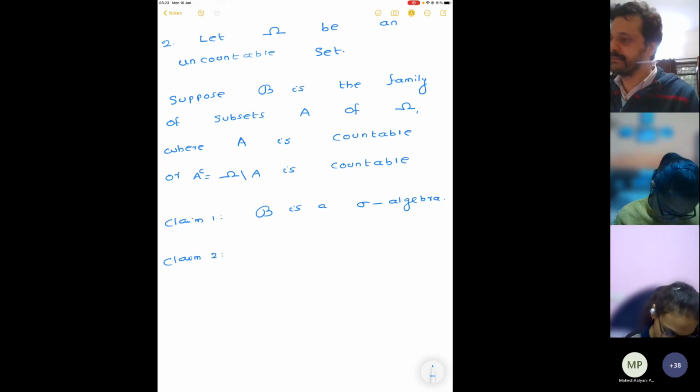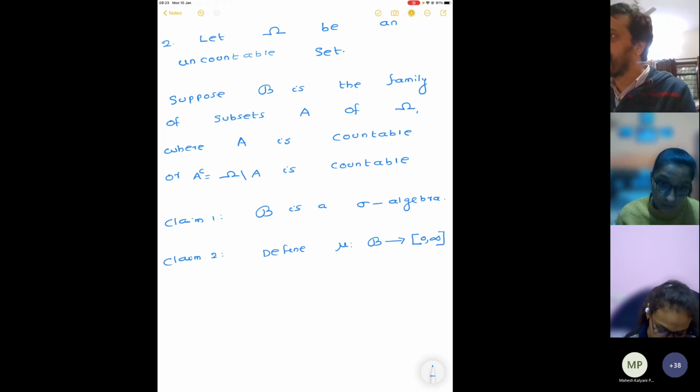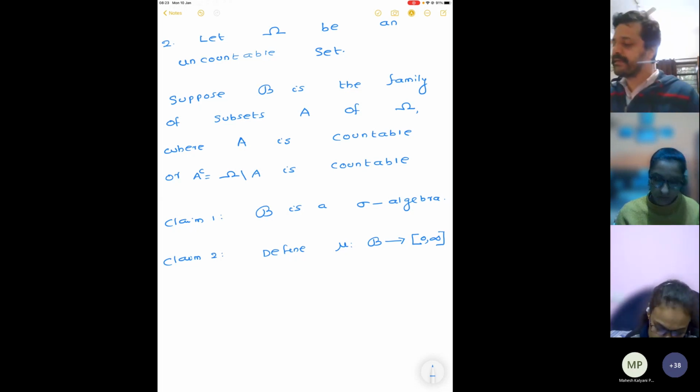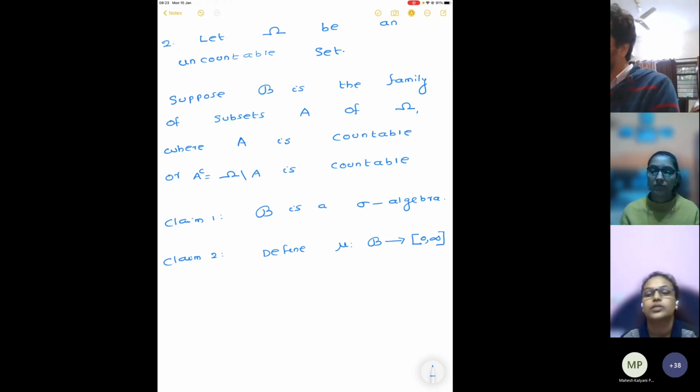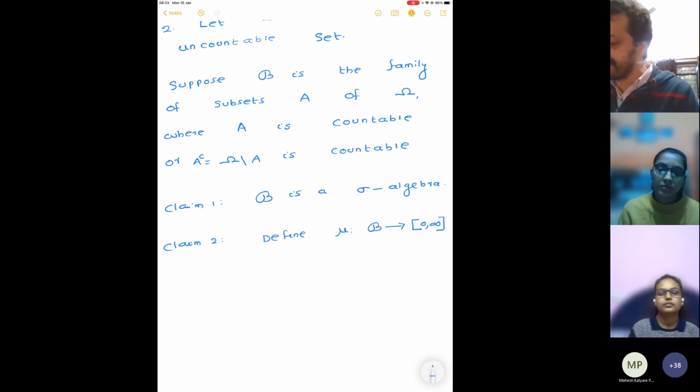I define a measure. Define mu from B to 0 to infinity, infinity included, with mu of E greater than or equal to 0. That is the same as saying mu is from B to the closed interval 0 infinity.